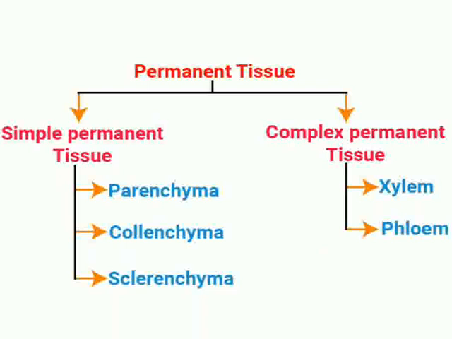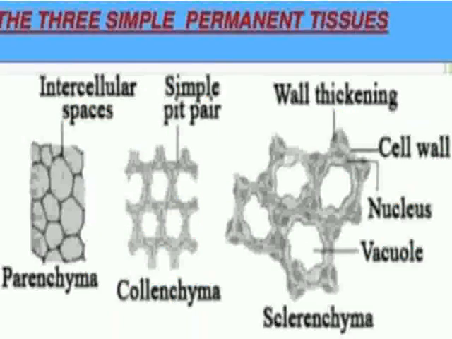Whereas the simple tissue is made up of only one type of cell. The various simple tissues in the plants are the parenchyma, collenchyma and the sclerenchyma. We shall be discussing these one by one. Here you can see in the diagram the basic difference between the parenchyma, collenchyma and the sclerenchyma.